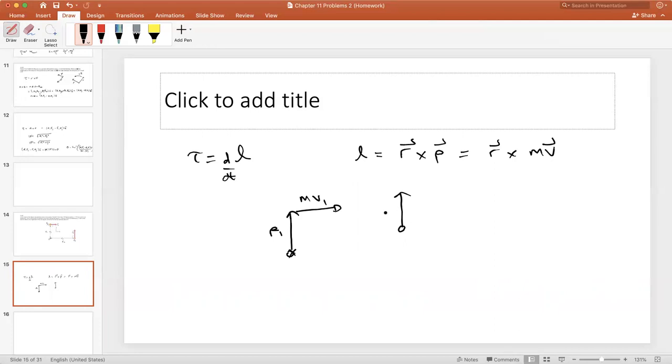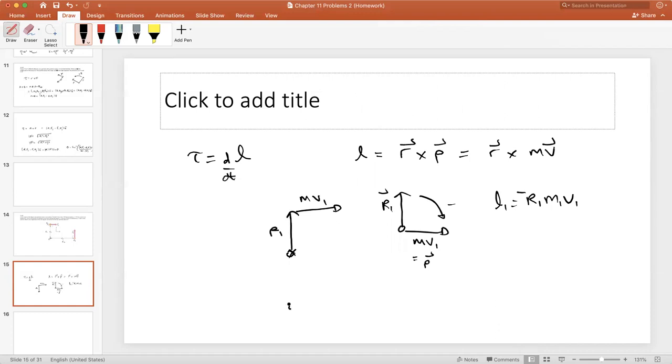If we put R and V in tail to tail, like we normally do for a torque, remember this is equal to our P vector, our linear momentum vector. R crossing into P is negative. So L for particle 1 is going to be R1, M1, V1 with a negative sign.